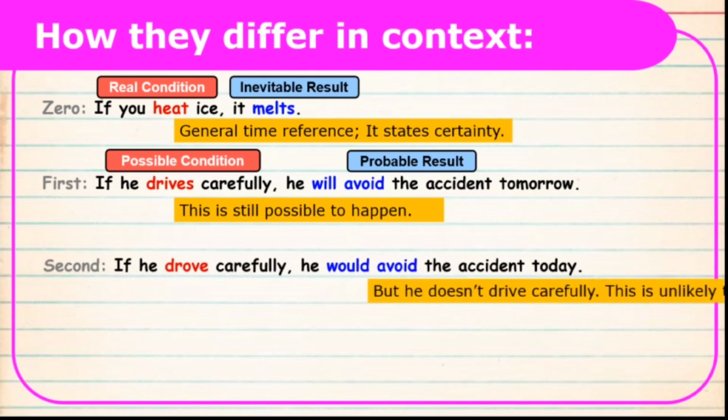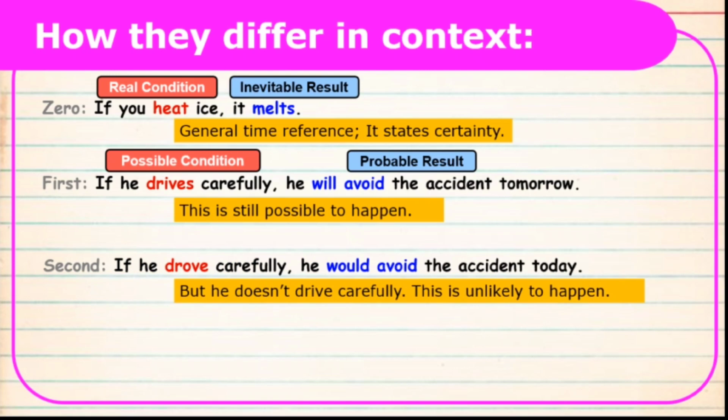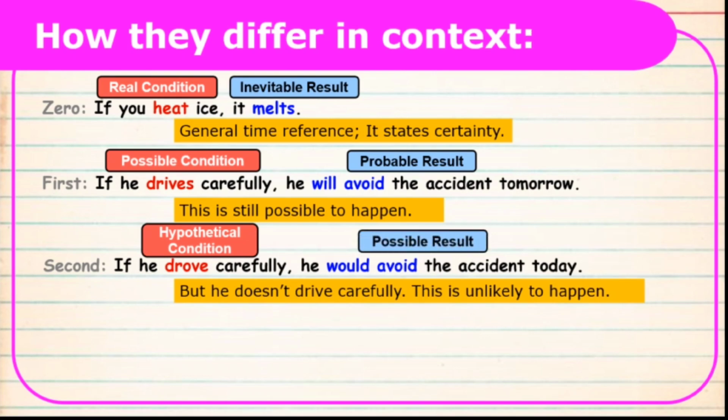However, in second conditional, if he drove carefully, he would avoid the accident today. The condition is hypothetical, or the possibility is unreal. The result may be possible, but since the condition is just a what-if, and in reality it didn't happen, it is still unlikely to happen.